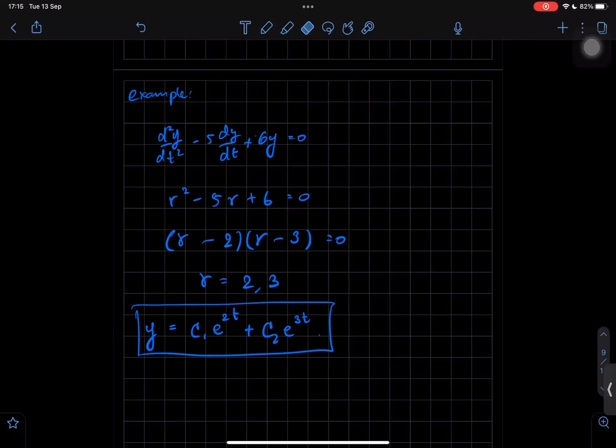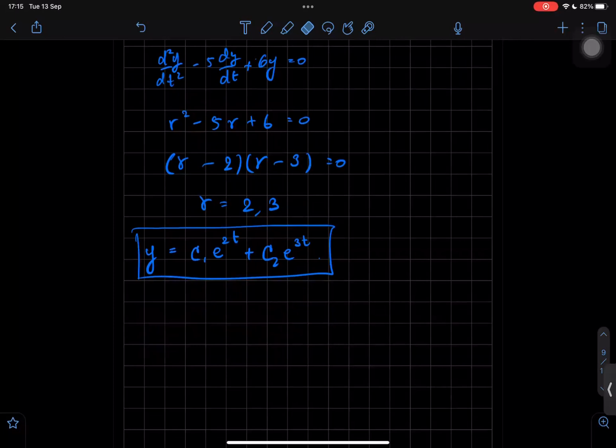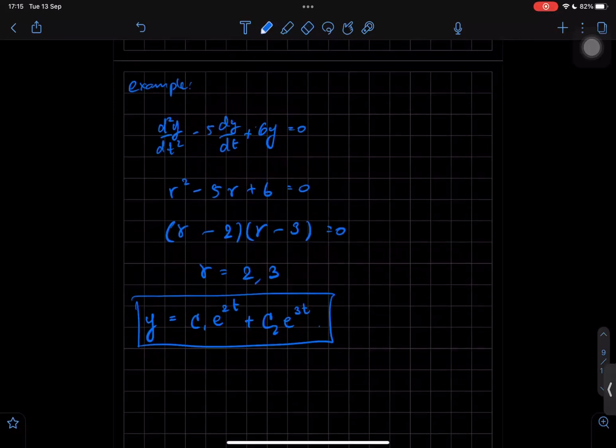Okay, sometimes you're going to see the operator written like this, so don't be panicked. It's the same. You can write this as D squared minus 5D plus 6y equal to 0, like this also.